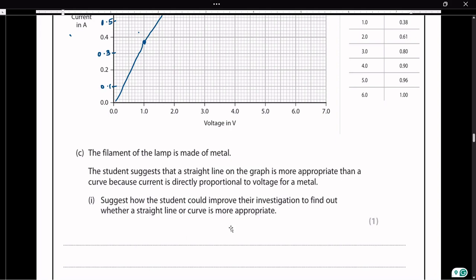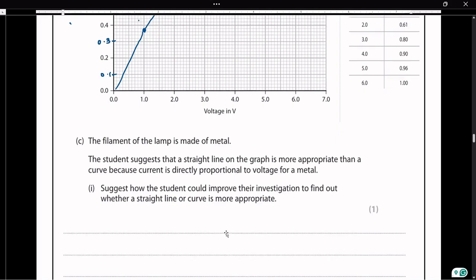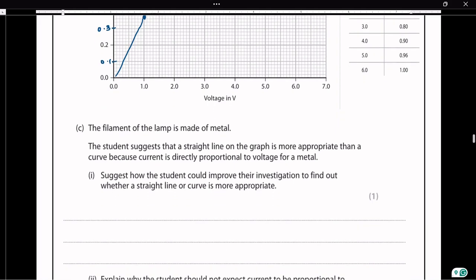Only one thing we can do here: take more data at different voltages.